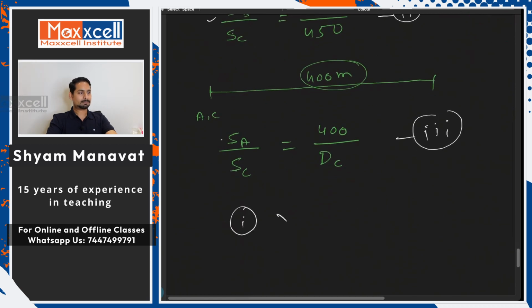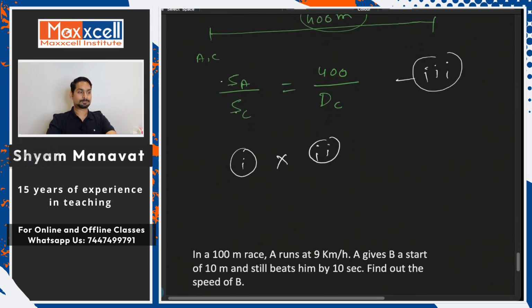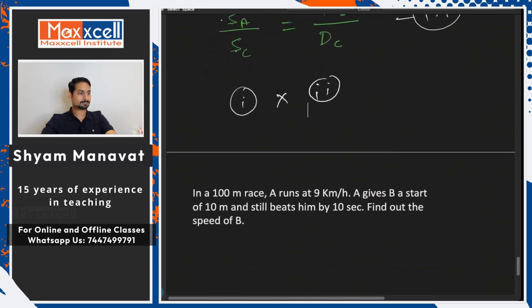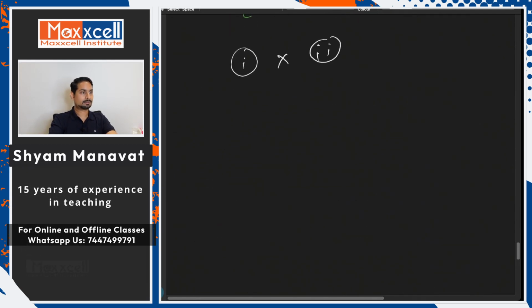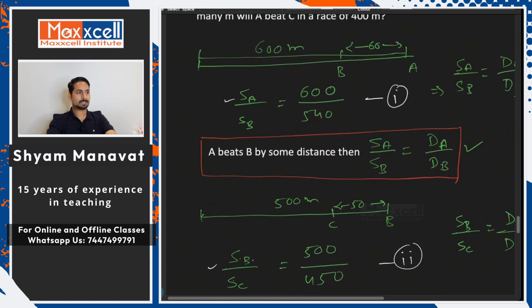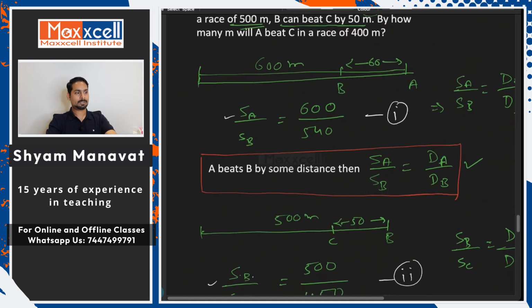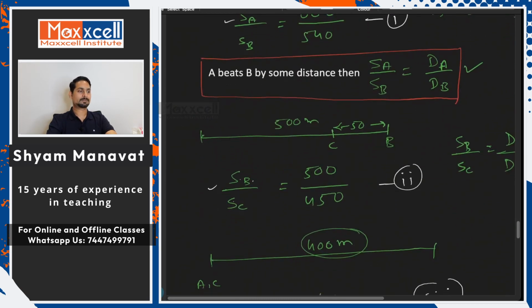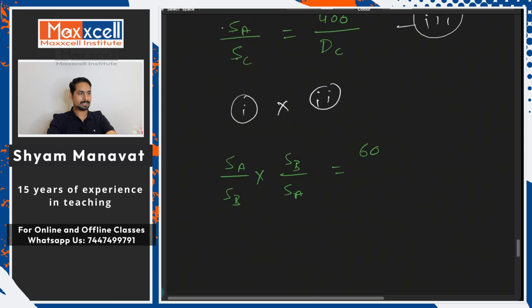If I multiply equation number 1 and 2, the left hand side will be speed of A by speed of B, multiplied by speed of B by speed of C, equal to, what will be the right hand side multiplication? 600 by 540, 500 by 450. That's what we have.